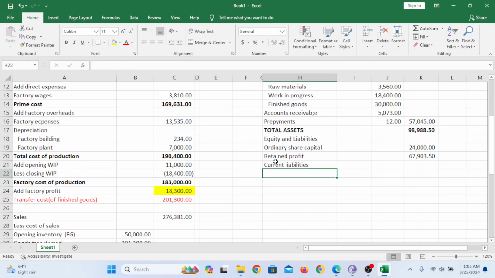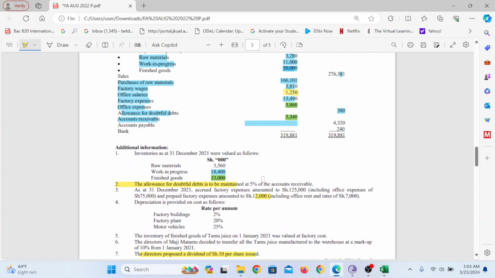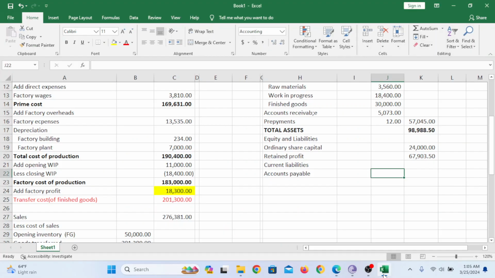So current liabilities, the first thing is accounts payable. The accounts payable we just picked directly from the statement. That was among the last items here. That is the 4320 here. Then we have also bank overdraft.